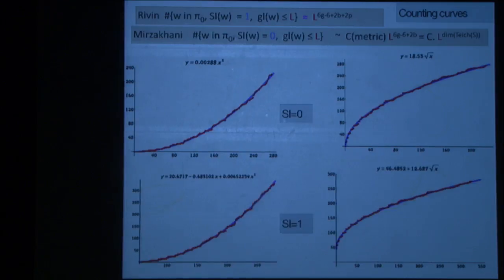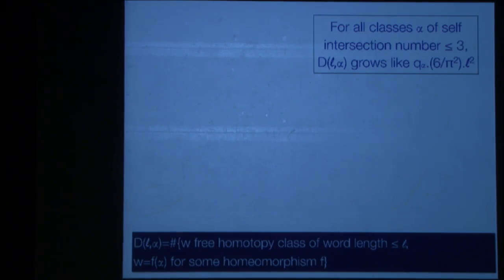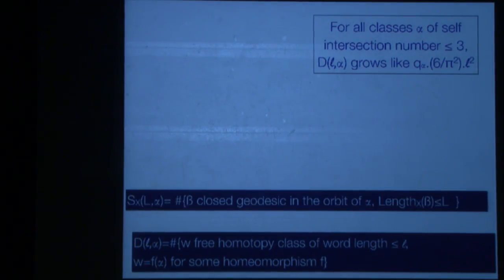Let me see. I think I need to skip a little. I have to talk about... I promised Natalie Vala will talk about the Goldman bracket, so I have to keep my promise. So now let's go back to Federica's talk, and she was talking about the orbits, meaning what happens in orbits could be that you have a picture and you look at the complementary regions.